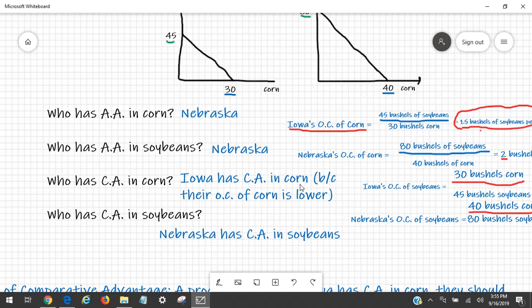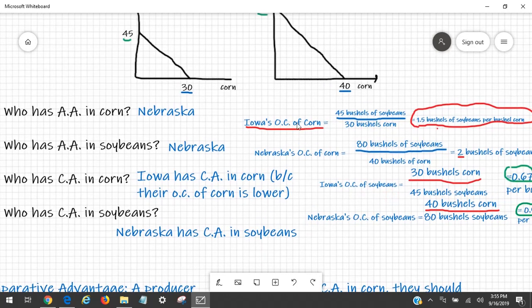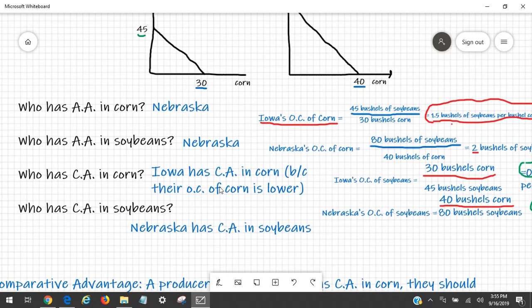So a kind of shortcut you could take on these problems is, once you've calculated, say, the opportunity cost of corn, and you've determined that Iowa has the comparative advantage in corn, you could jump to the conclusion that since Iowa has it in corn, it must be true that the other producer, in this case Nebraska, has the comparative advantage in soybeans.